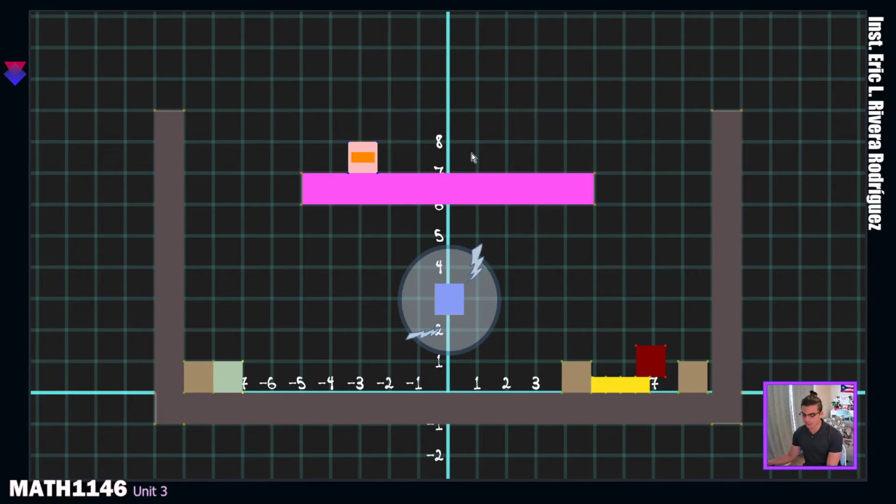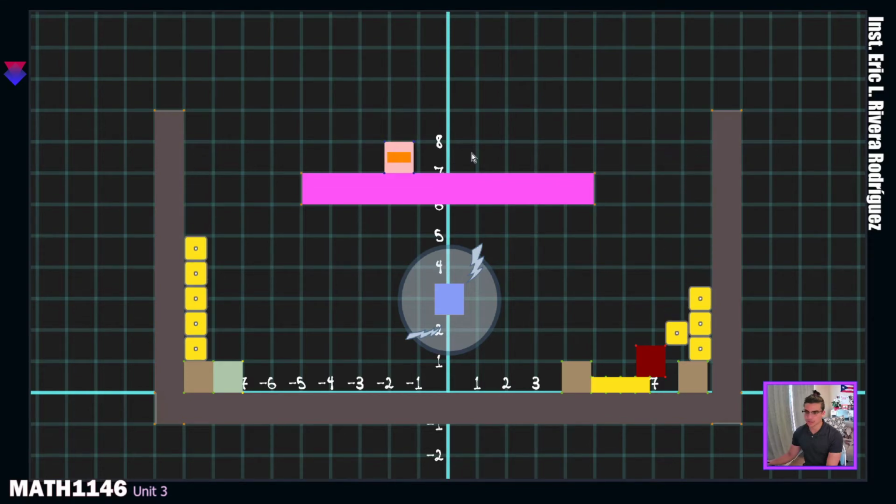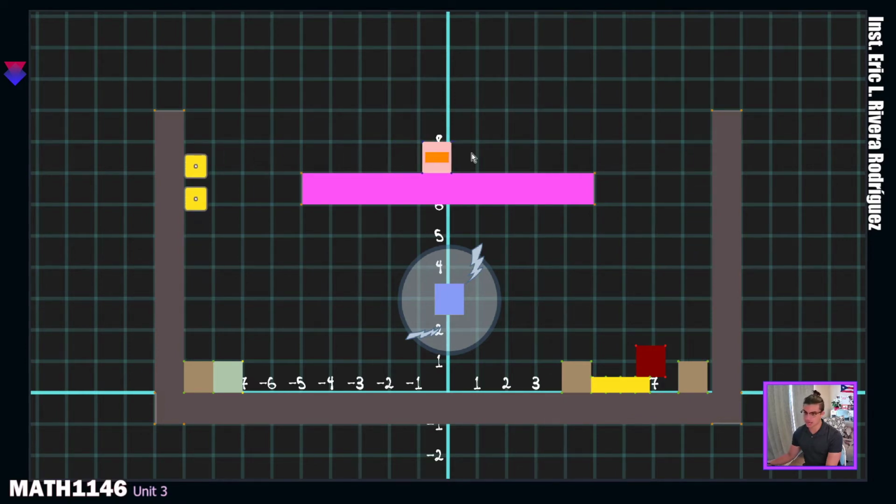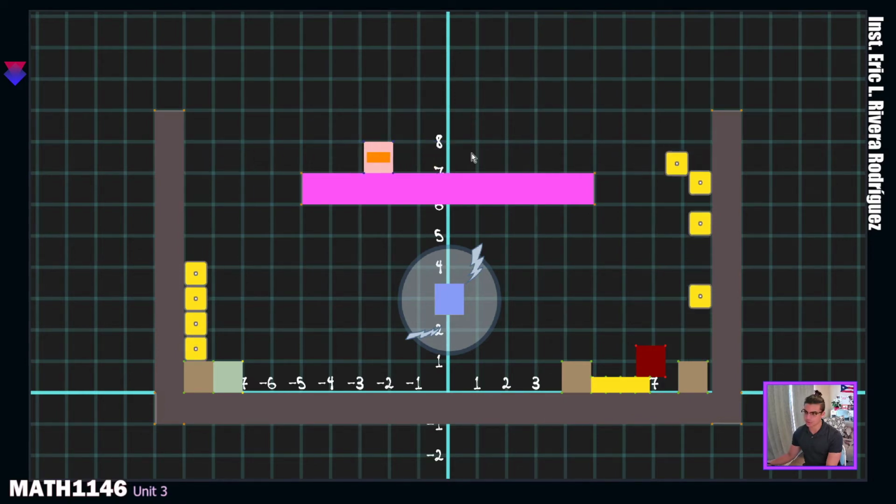That is like, let's call it a boomstick, where it throws these boxes, yellow boxes, right?